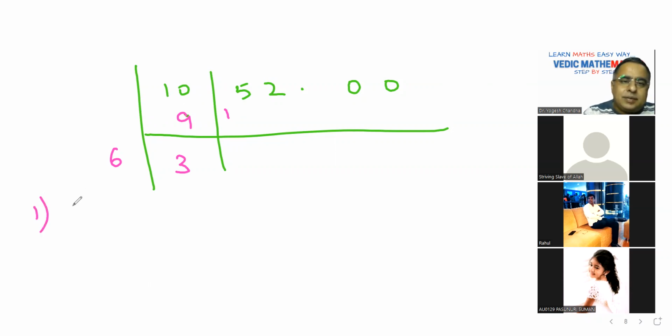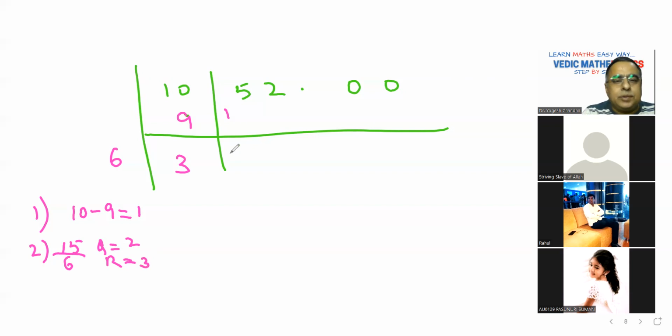Step 1: 10 minus 9, 1. 15. 15 divided by 6, quotient is 2, remainder is 3. Very good.